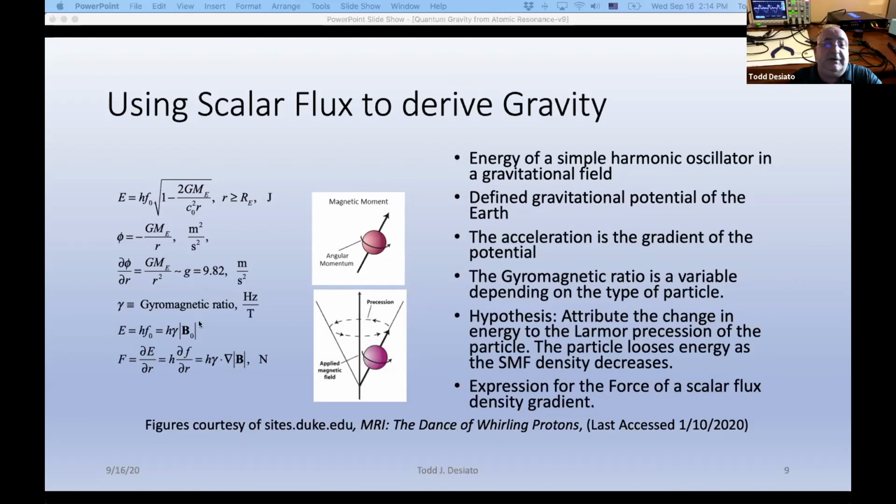And using the gyromagnetic ratio of an electron, the primary hypothesis is that the energy, being h f naught, your Compton frequency, is related to this magnetic field, which we said was about 4.4 billion Tesla. And so what you have is a gradient in this field that exerts a force.